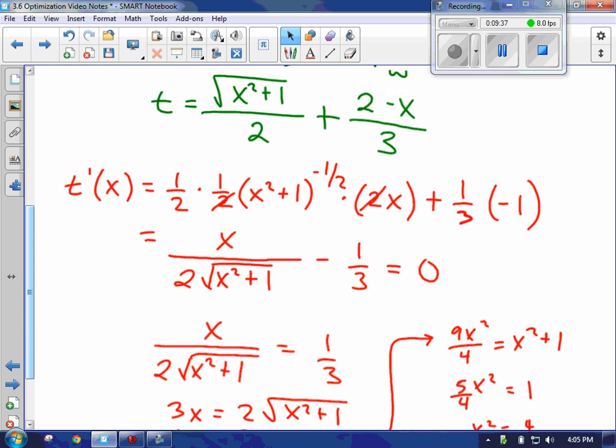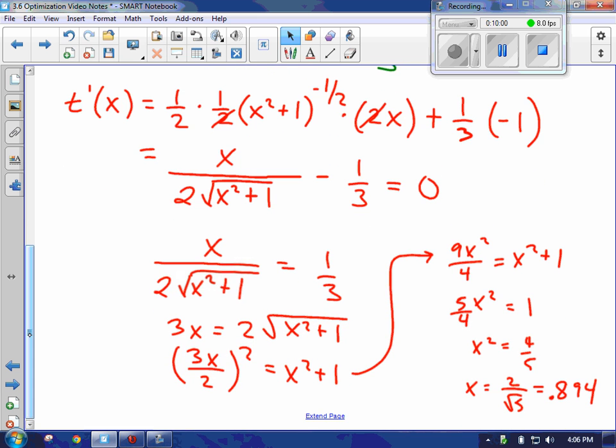So you have the 1/2 as the constant multiple, and then you have the square root of x squared plus 1, so the derivative of that would be the 1/2 times x squared plus 1 to the negative 1/2, then use chain rule, times 2x. And then the same with the next expression. So then I simplify that, set it equal to 0, and then solve. So just take a look at what I have here and copy that down.